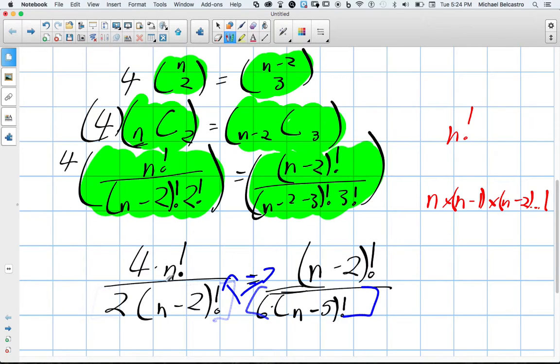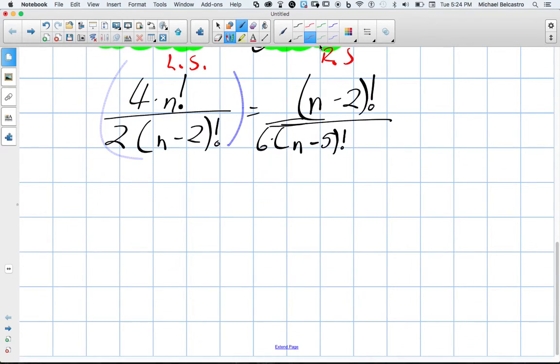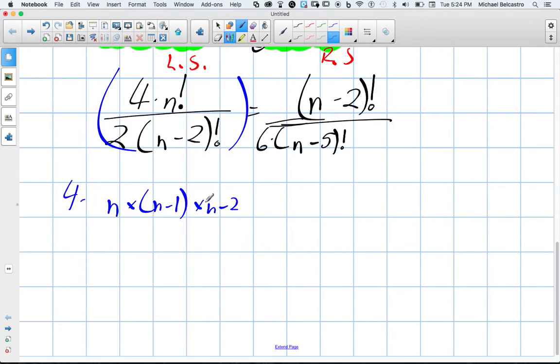So what I can do is try to expand these concepts. I'm just going to focus on the left side here. I always get these mixed up, left side, right side. Let's focus on our left side for a second. I'll do it in blue here. Well, we know that's the number 4. n factorial, I'm going to expand. So n factorial becomes n times n minus 1 times n minus 2 times n minus 3 all the way down to the value of 1.